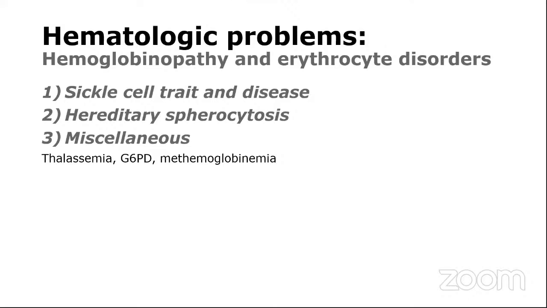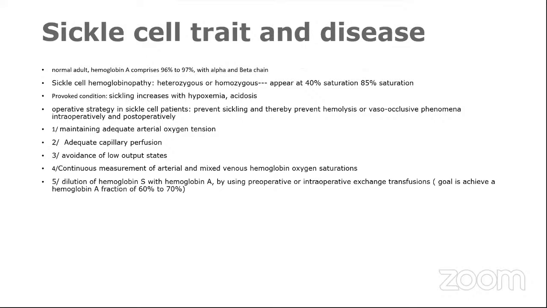For sickle cell trait and disease, as we all know, normal adult hemoglobin contains hemoglobin A, comprising 96% to 97%, which has two chains, alpha chain and beta chain, and there is sickle cell hemoglobinopathy, either heterozygous or homozygous. In heterozygous, it's a trait because you have only a single gene affected. In homozygous, it will be disease.